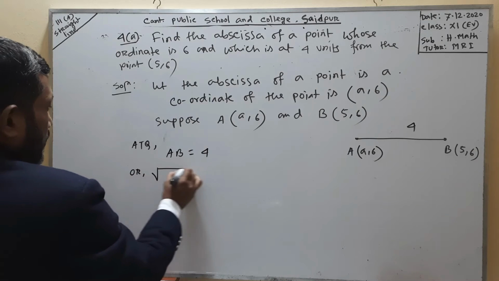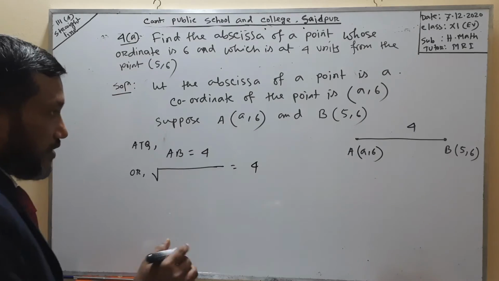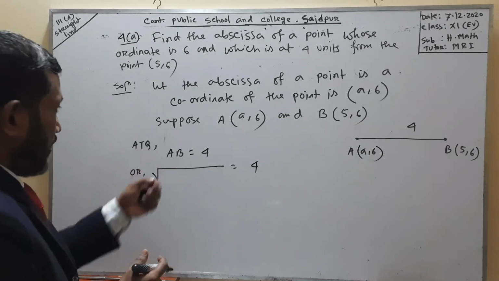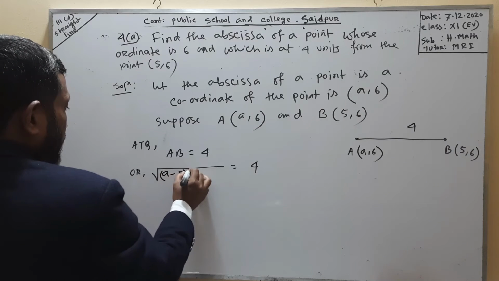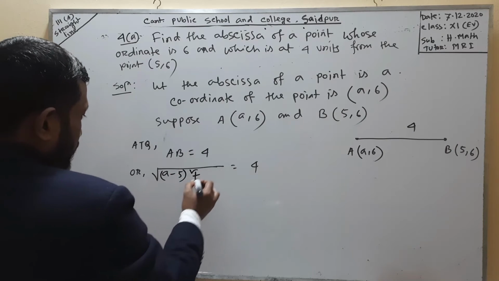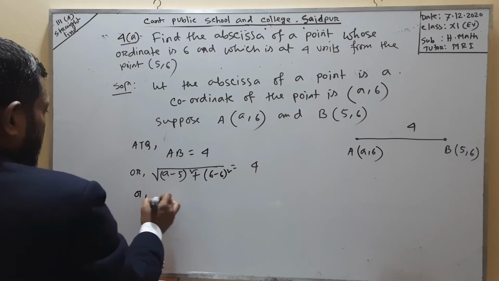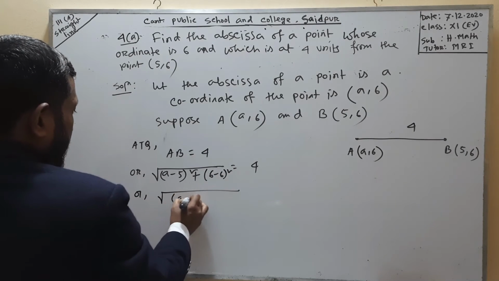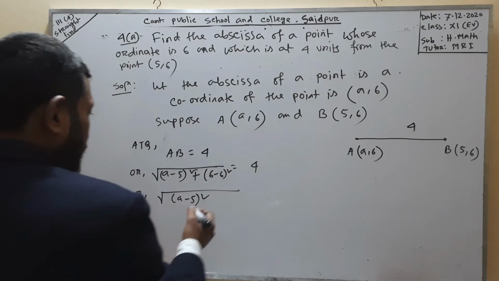Therefore, the distance between the 2 points A and B is square root of A minus 5 whole square plus 6 minus 6 whole square, that is A minus 5 whole square. 6 minus 6 is equal to 0.